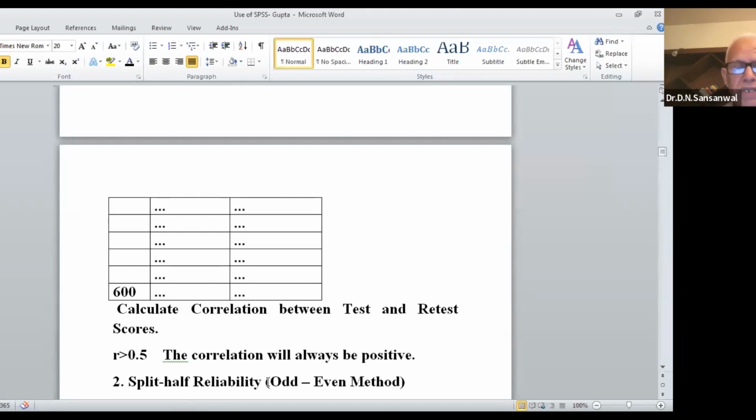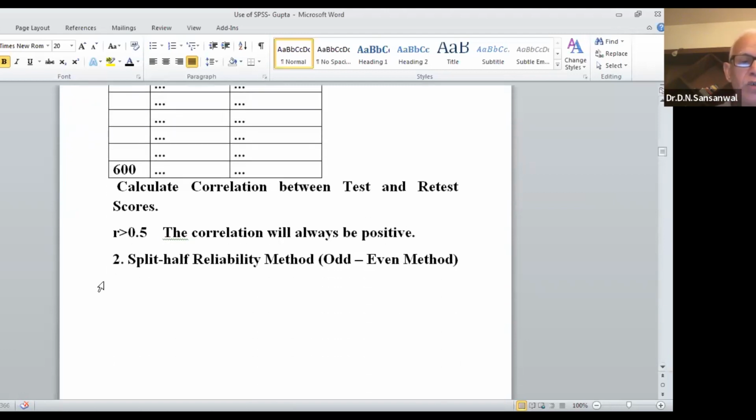You can call it split half reliability method, or you can call it odd and even method. Why? As the name suggests, your tool must be divided into two equal parts. The items of the tool should be divided into two equal parts.